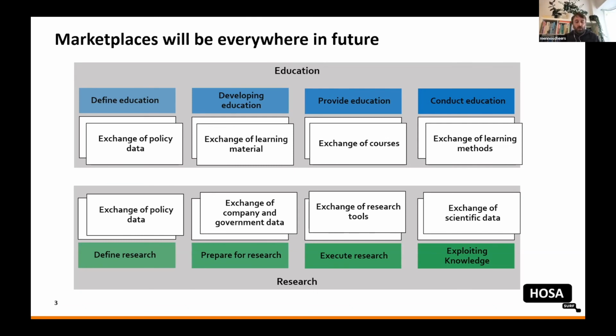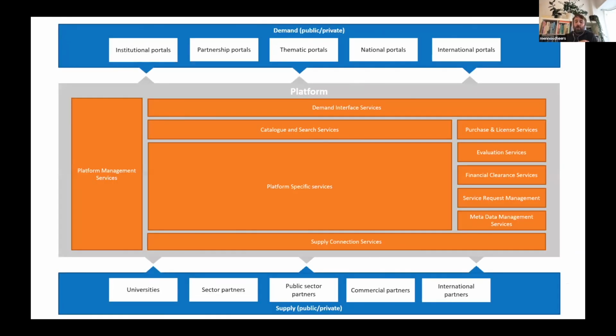So if you go to the next slide, then under all these marketplaces, we developed a common model. On the screen, you can see this common model that forms the base of all the marketplaces I just showed. Also in this model, you can recognize something like a core with several services in it.